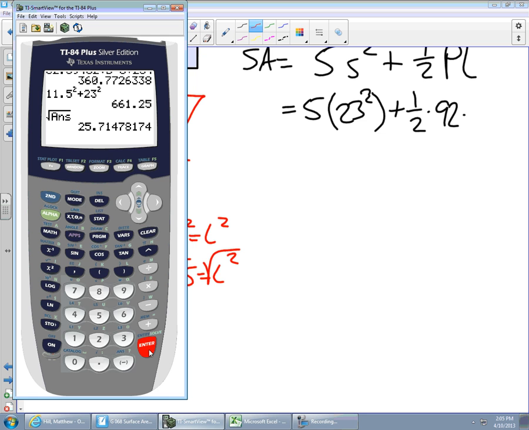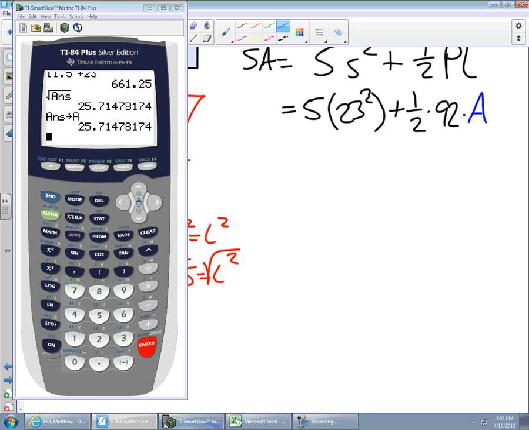And once again, we've got a big pile of decimal points. We might be able to get all this information in there using the answer function, but again, you can just store the value. Go store, and since we're finished with the old problem, I'll just store a new value for A. Calculator's got it saved for me. That's our lateral height.